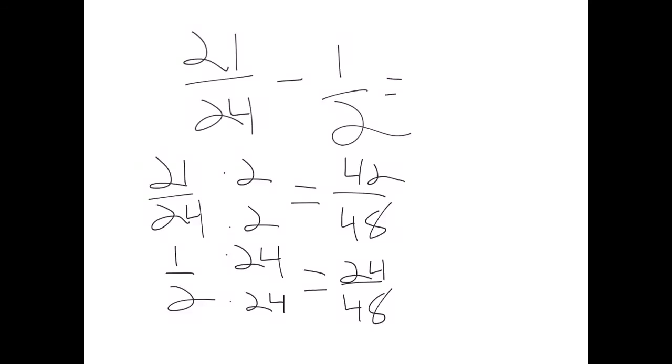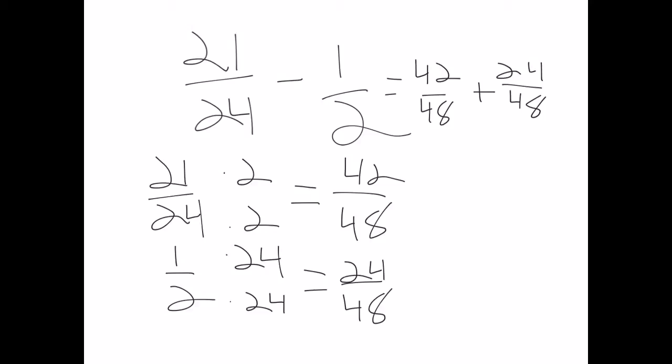And then you'll have to do this. This might get a little small, so forgive me. Then you gotta go 42 over 48 plus 24 over 48. Let me write it down here.